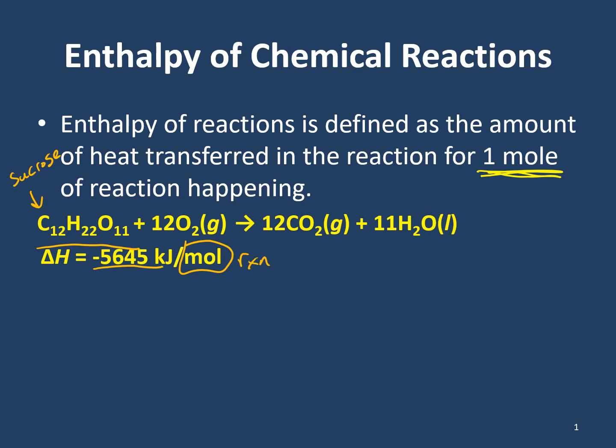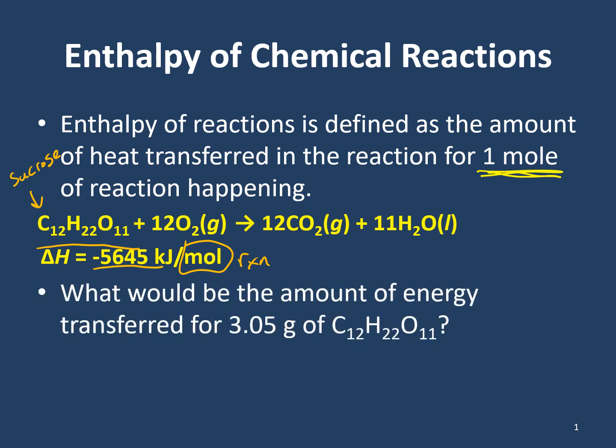In this case, 1 mole of reaction will produce a release of 5,645 kilojoules of energy. But what if we don't have a mole of reaction occurring? What if we have excess oxygen, right? This is in excess. And we only have about 3.05 grams of the C12H22O11. How much energy is going to be transferred in this scenario?